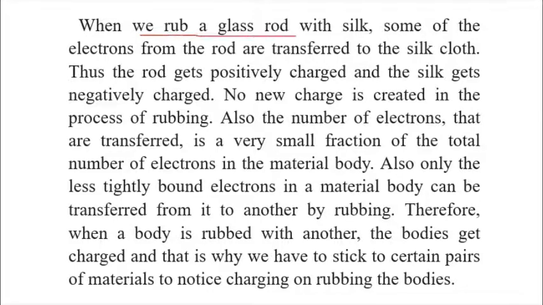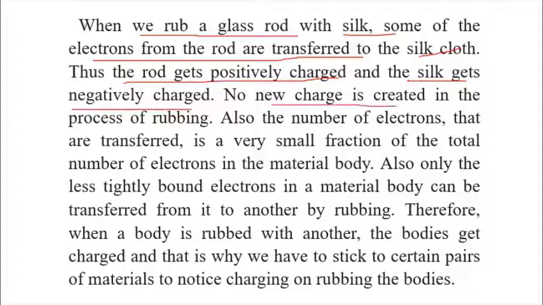When we rub a glass rod with silk, some of the electrons from the rod are transferred to the silk cloth. Thus, the rod gets positively charged and the silk gets negatively charged.